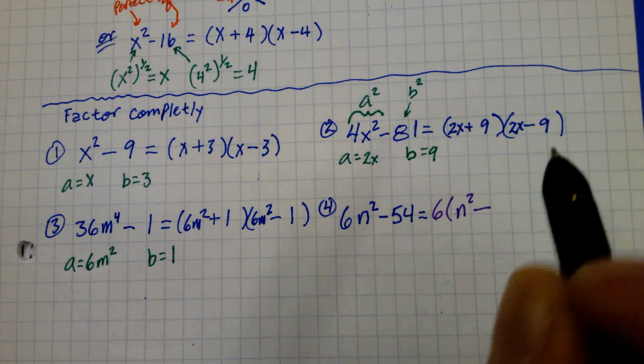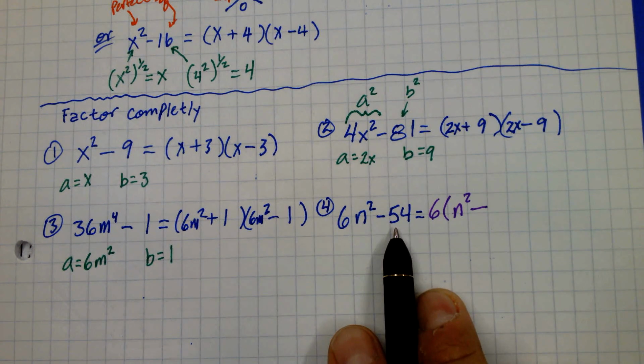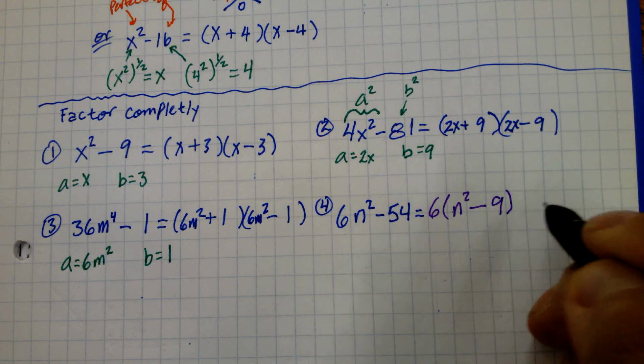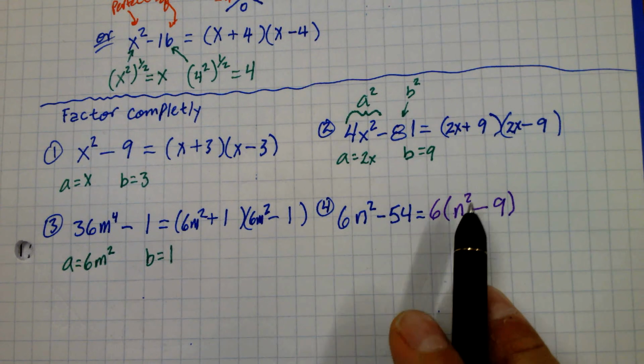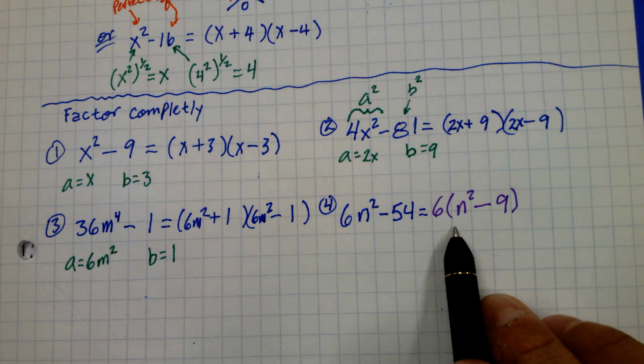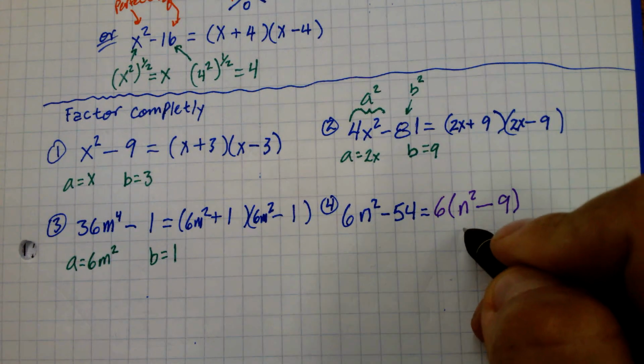Then you have a minus. 6 times what is 54? 9. And lo and behold, that is a difference of squares. n squared is a perfect square and 9 is a perfect square. So now we're going to use difference of squares here.